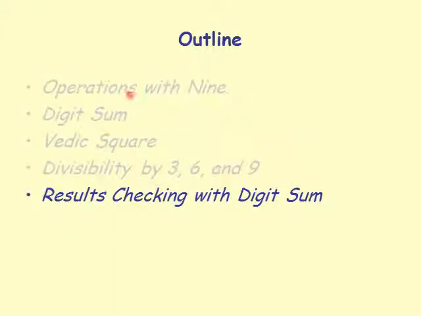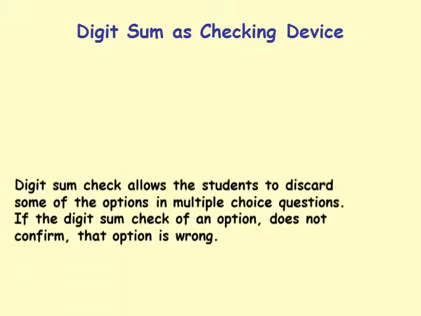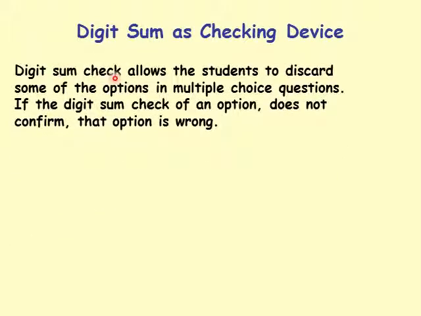Okay, let's continue with the next section. We'll talk about results checking with digit sum. In this section, you will learn how to eliminate some of the options in a multiple choice question. Let's see what we are talking about. A digit sum check allows students to discard some of the options in a multiple choice question.